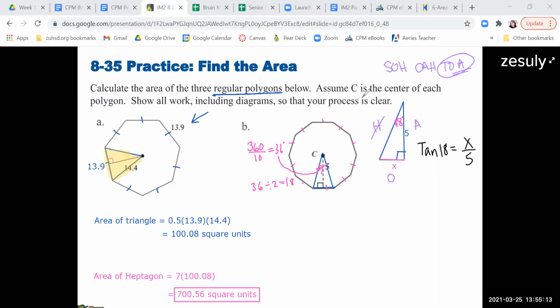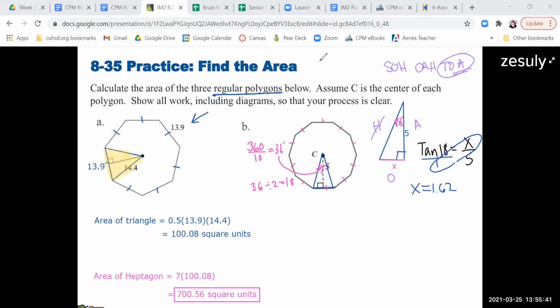Then I'm going to put this over 1, and we'll do a little cross multiply. 1 times X is X. Then I'm just going to punch in tan 18, get the decimal, making sure you're in degree mode, and multiply by 5. Tangent 18 times 5 is 1.62. Now I know that x is 1.62.